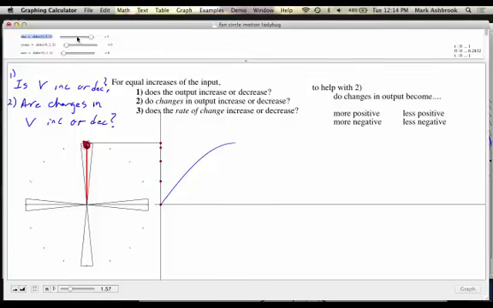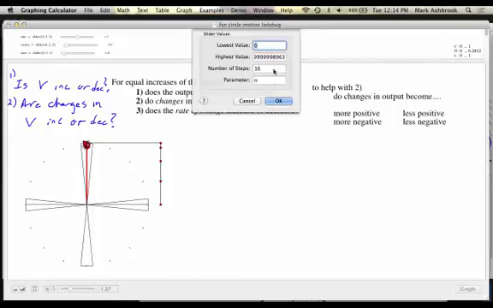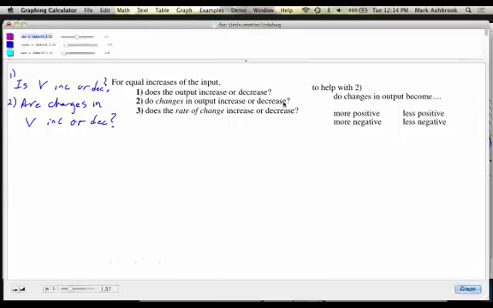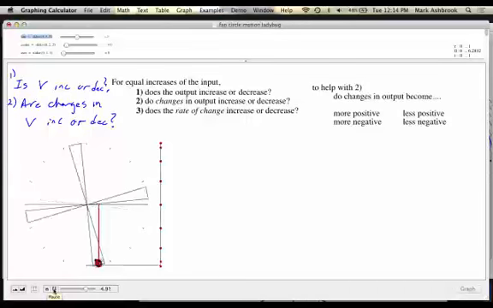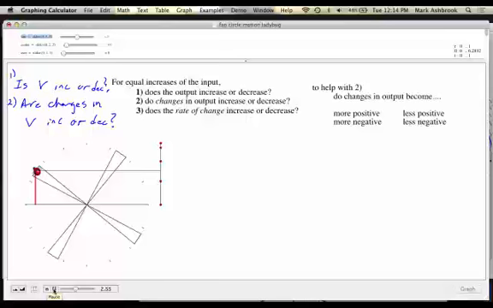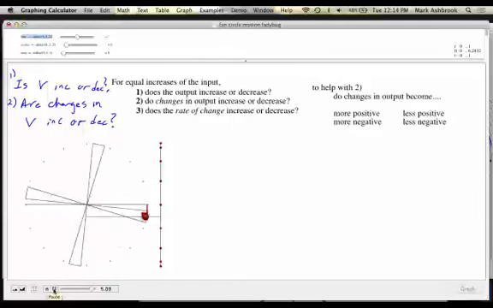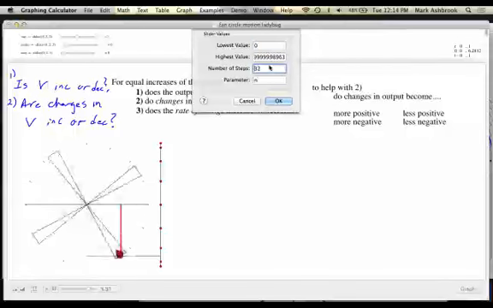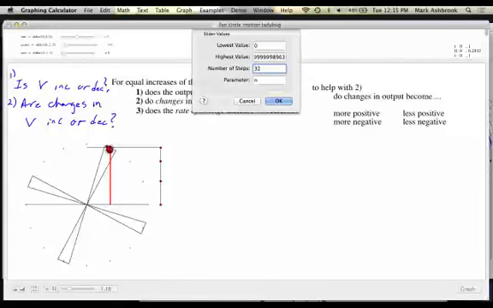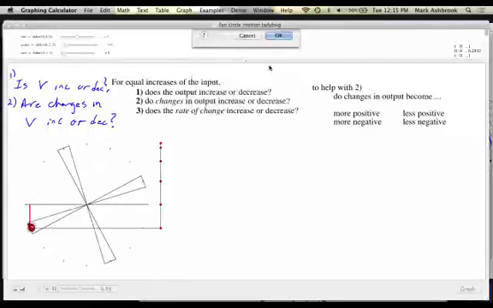So maybe if I see how this looks. Okay, so yeah, it's too fast. Try that.